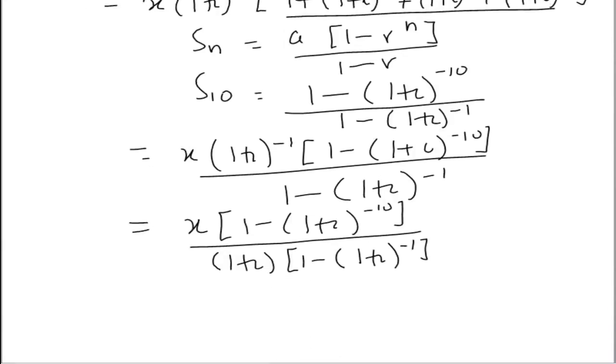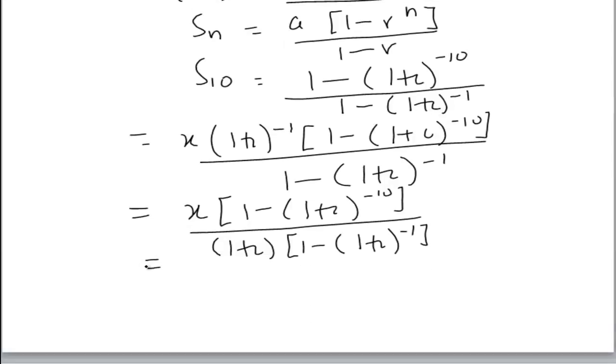And then what's going to happen is this, that you have x into 1 minus (1 plus i) to the minus 10, and look very carefully at the new denominator. 1 plus i times 1 is 1 plus i, minus (1 plus i) to the power 1 times (1 plus i) to the minus 1, which is (1 plus i) to the 0, and that is 1.